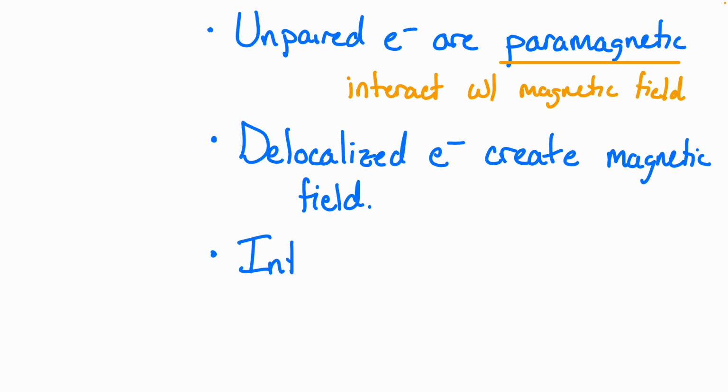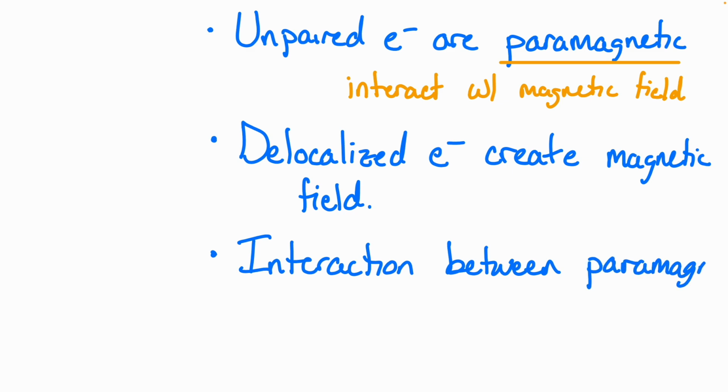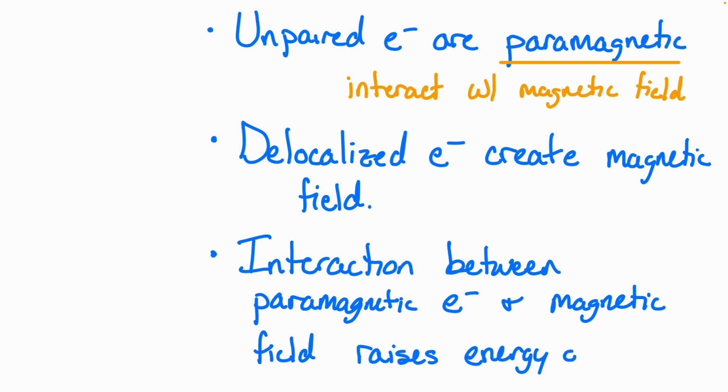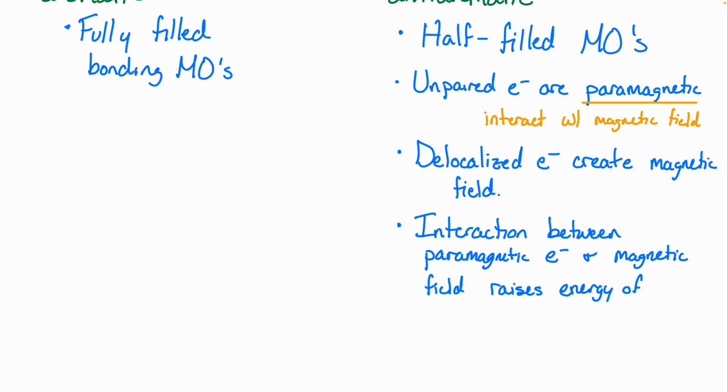The interaction between those paramagnetic electrons and this magnetic field raises the energy of an anti-aromatic compound.